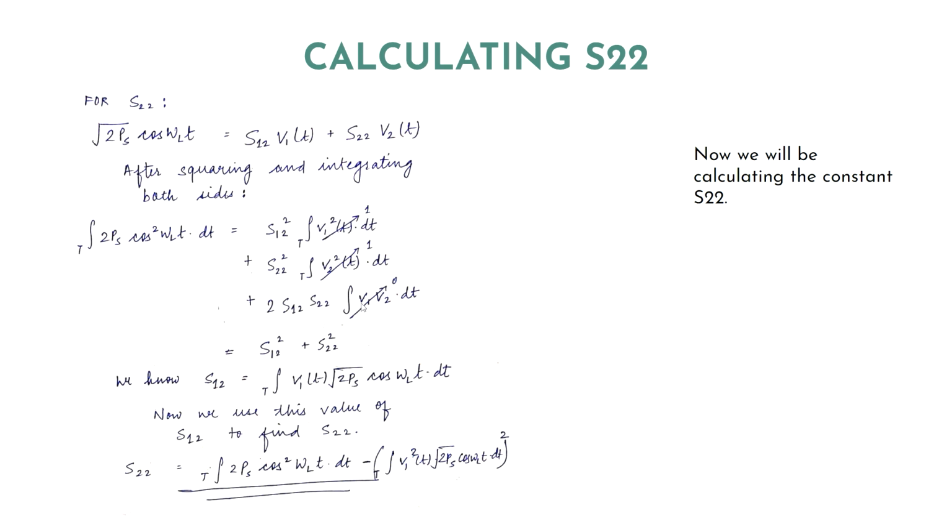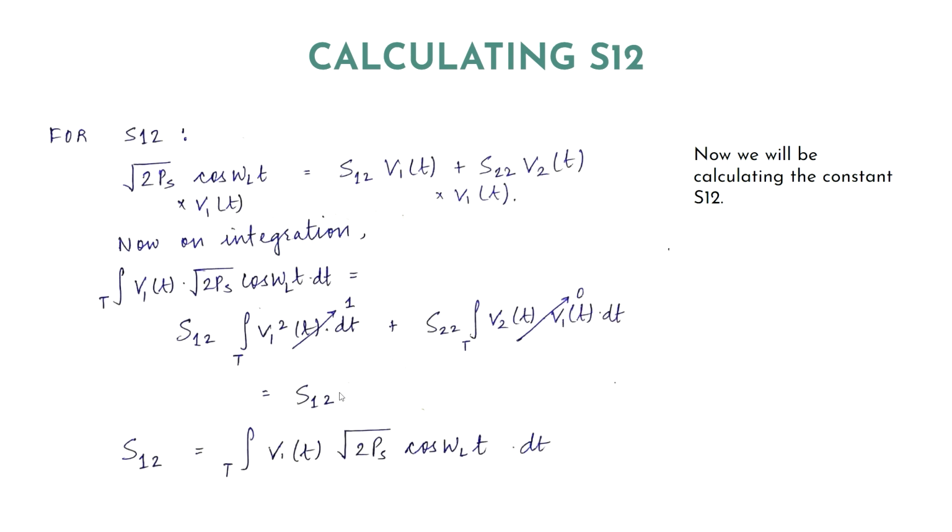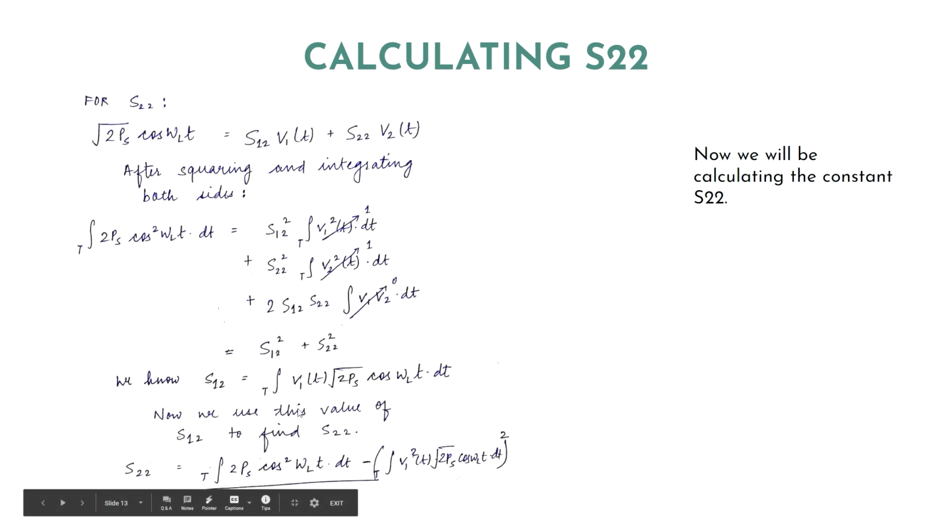This cross term is cancelled out because we know these two are orthogonal, so their integral will be 0 over T. So we get this value equal to S12 square plus S22 square. Now we already know the value of S12, which we calculated right here. So we will use this value and then calculate the value of S22.